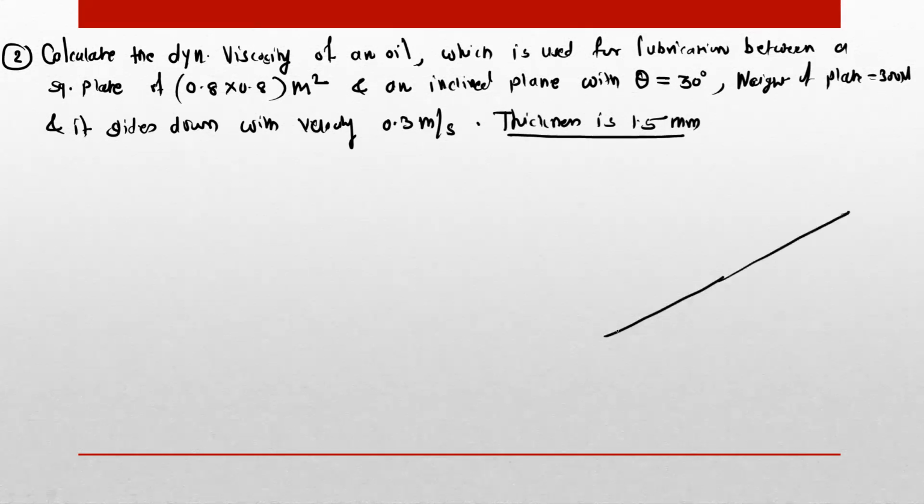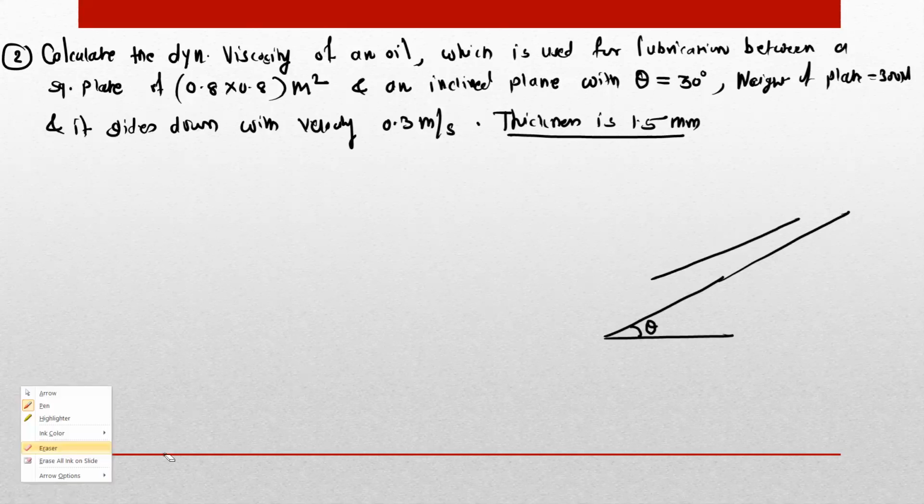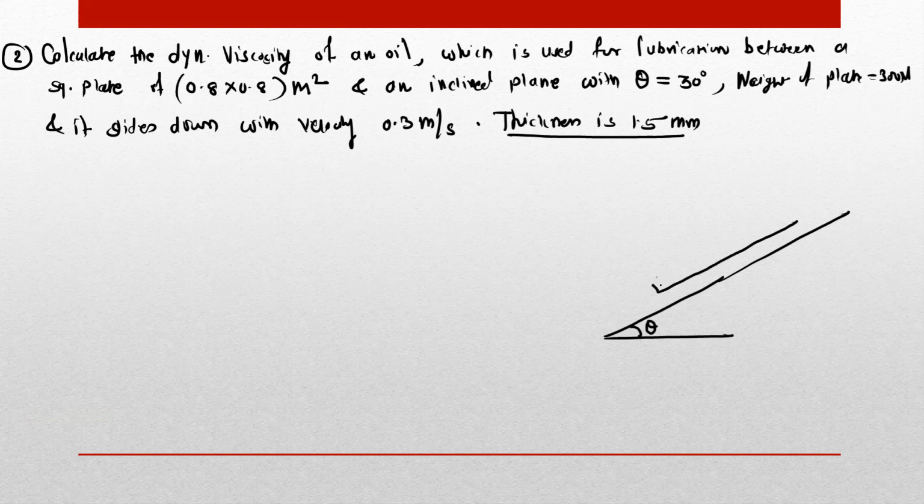So this is the inclined plane. This angle is theta. Okay, and there is one plate. Between these two, we have the lubrication, which is the oil.